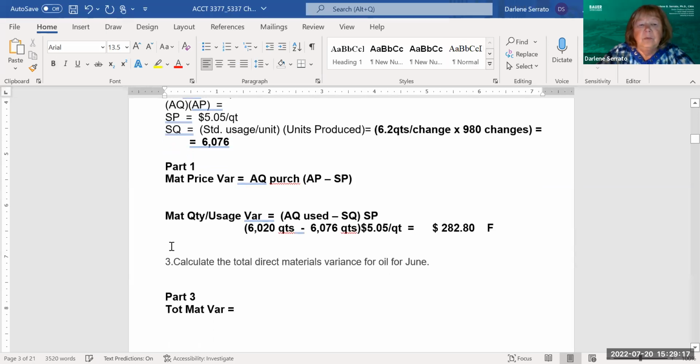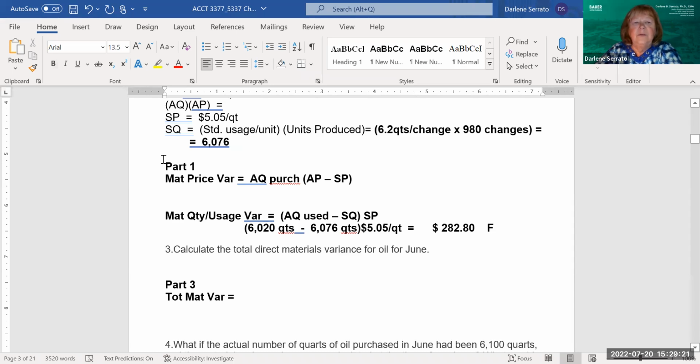Then the total materials variance, we can calculate it one of two ways. We can do AQ times AP minus SQ times SP.